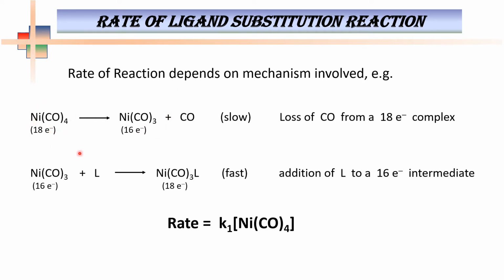For example, nickel complexes of this kind, which are 18 electron systems, undergo dissociation followed by substitution. The main rate determining step is the dissociative pathway, and that's why the overall rate is unimolecular.